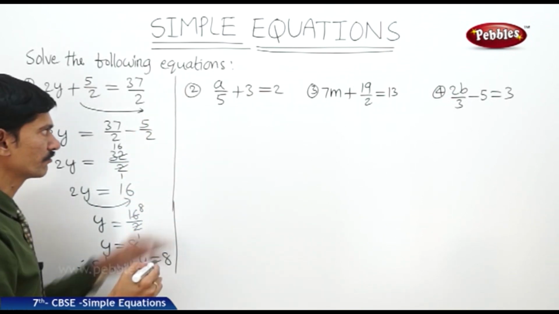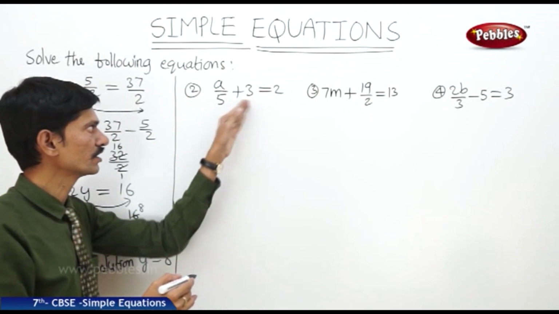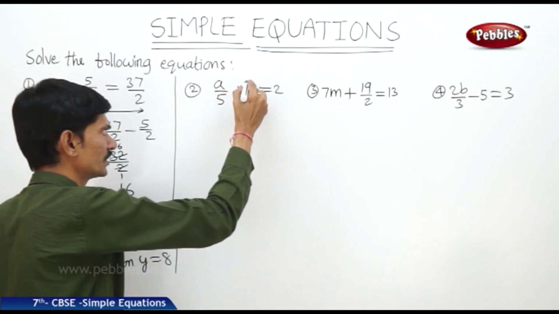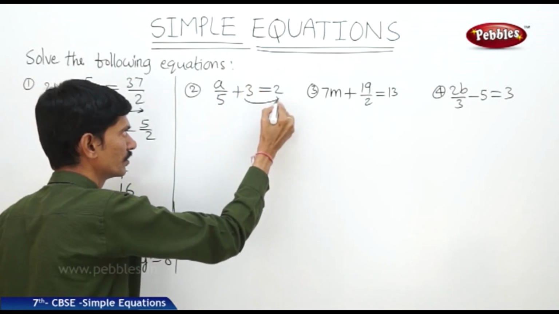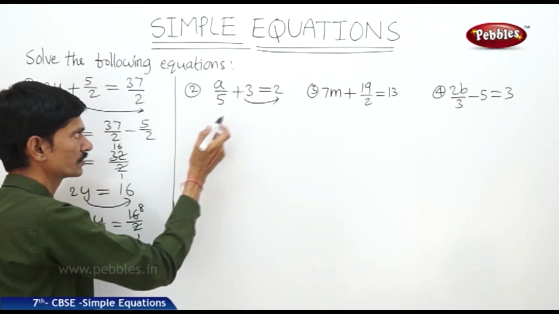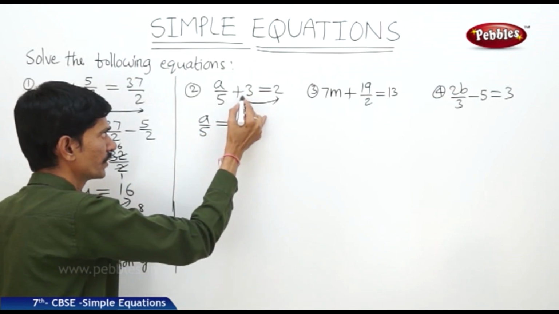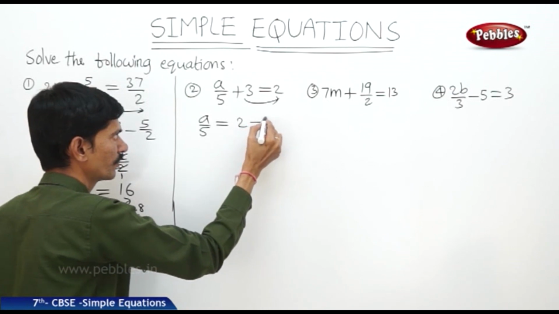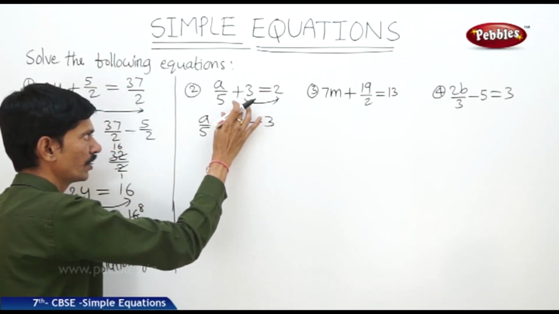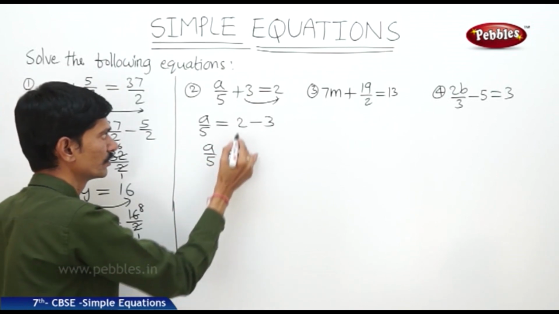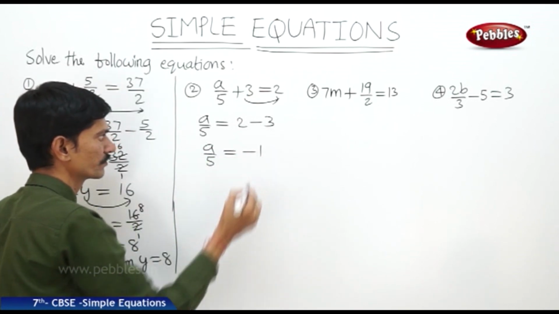Now let us take the second equation. A by 5 plus 3 equals 2. Here first we have to transpose plus 3 to the RHS. So plus 3 will become minus 3 when it is transposed from LHS to RHS. So then we get a by 5 equals 2 minus 3, which is minus 1.